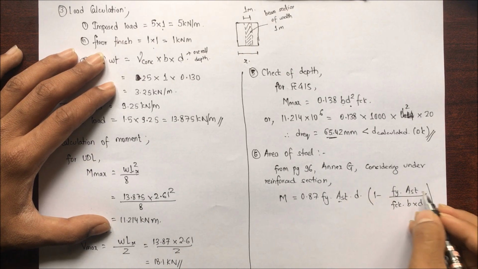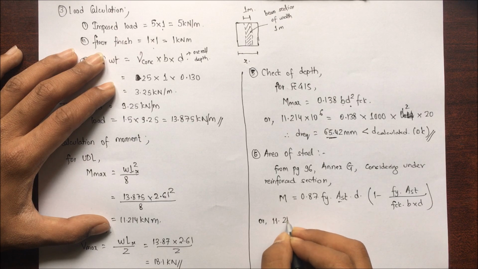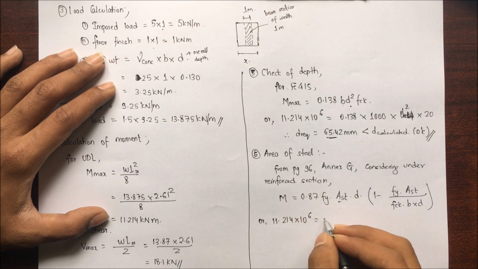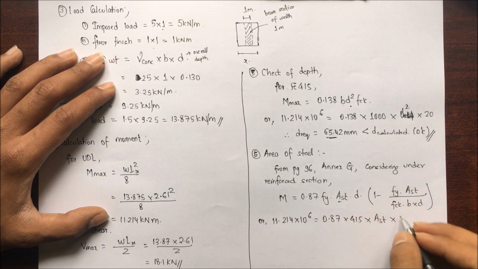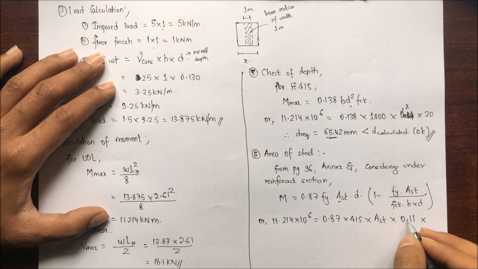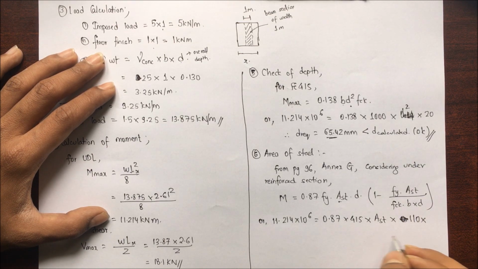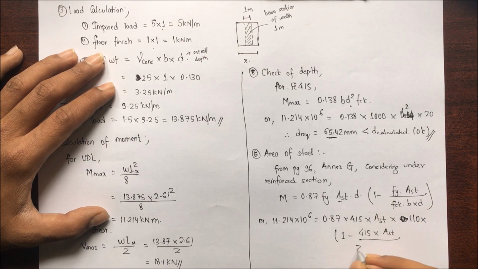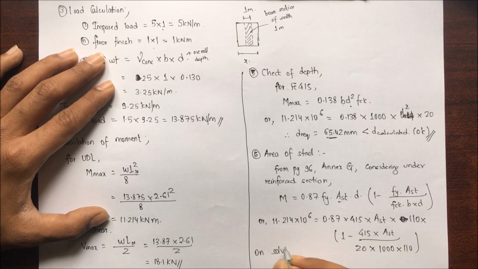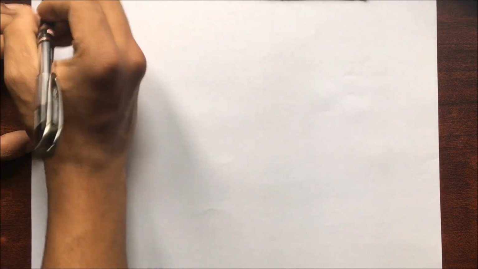We are interested in finding the value of Ast, substituting other terms as 11.214 into 10 to the power 6 Newton mm, 0.87, fy 415, Ast unknown, d as 110 mm, fck as 20 and B as 1000. On solving we get Ast as 316.34 mm square. This is per meter, make sure of that.